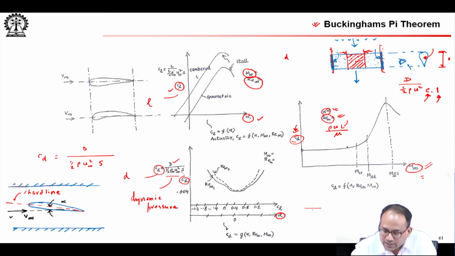When you run an experiment, you set the angle of attack constant. In some experiments, with a knob perhaps you change the angle of attack, holding other things constant, but in this particular experiment you want to see CD versus Mach number, so you have kept your angle of attack constant.